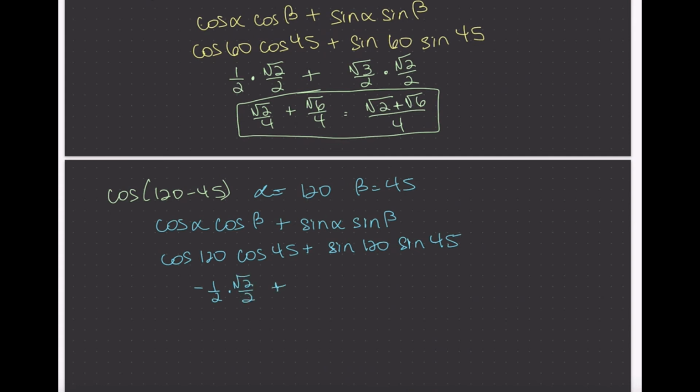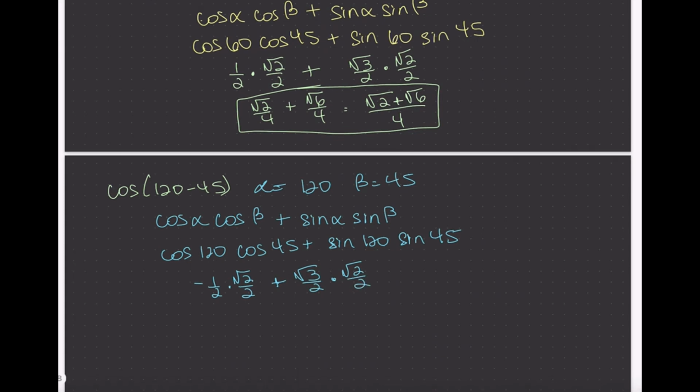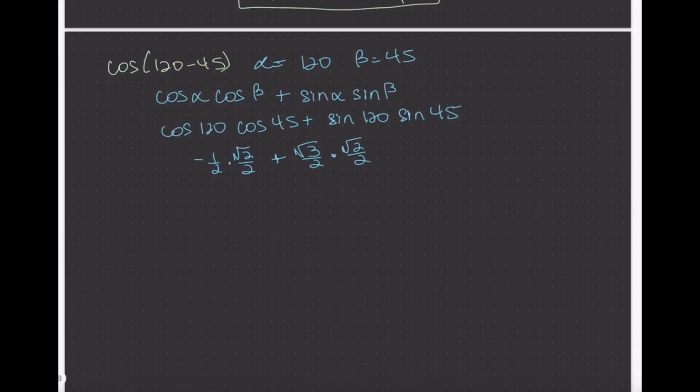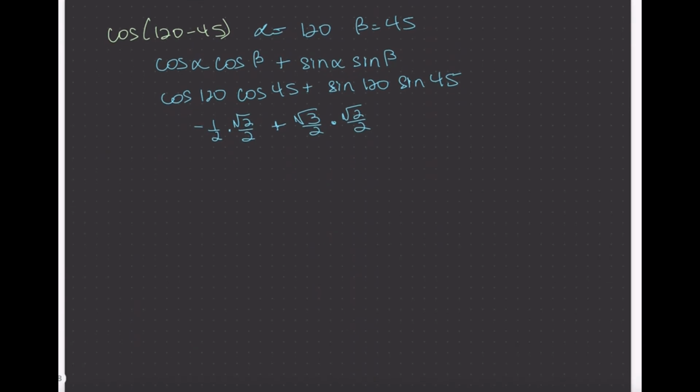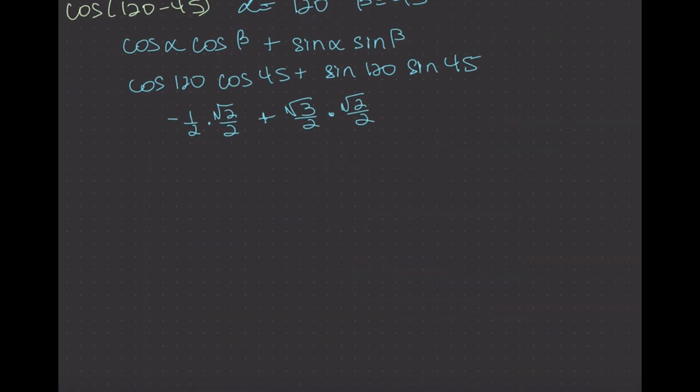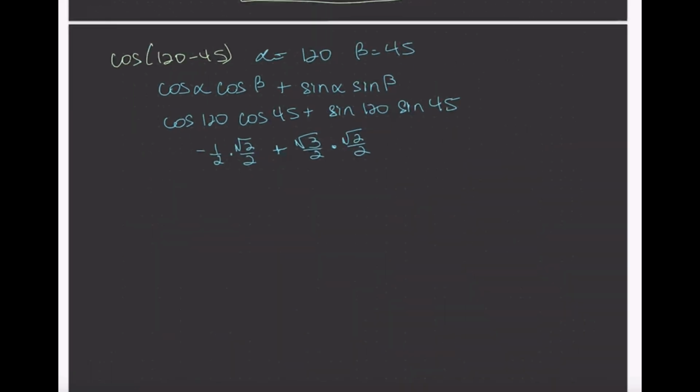Plus the sine of 120 degrees. Anybody remember? Yeah. Square root of 3 over 2. And the sine of 45 is the square root of 2 over 2. Using our numeracy skills, we're just going to simplify this. There we go.